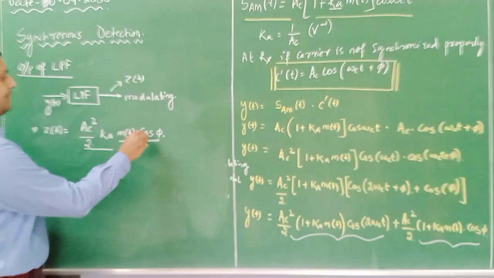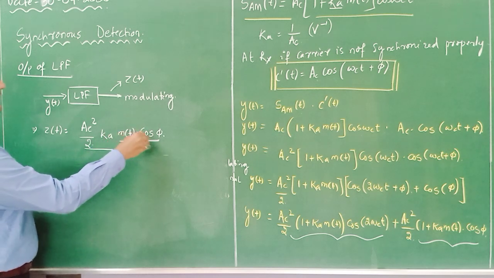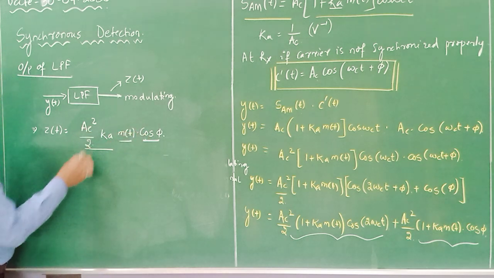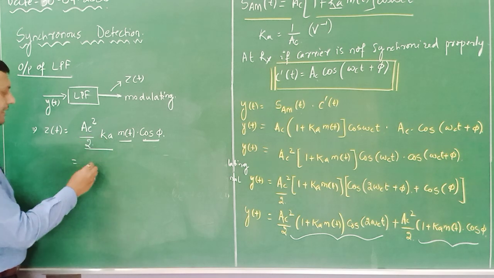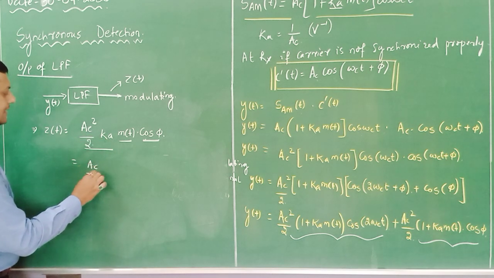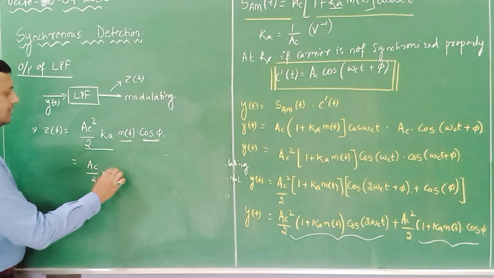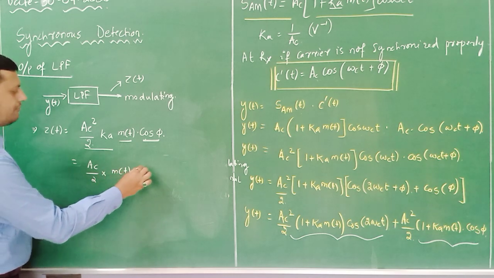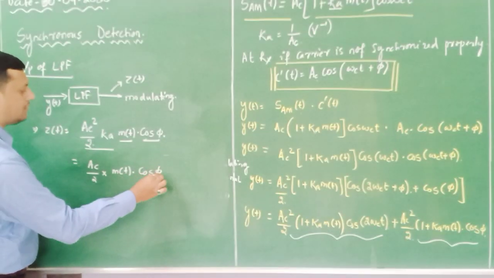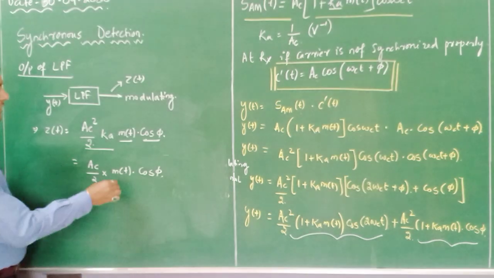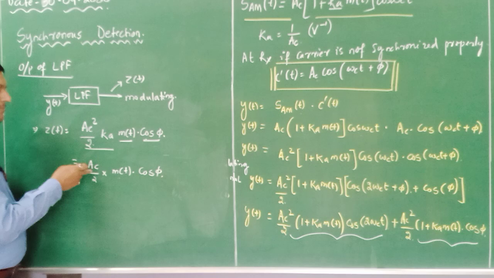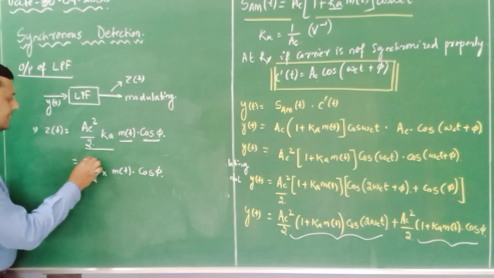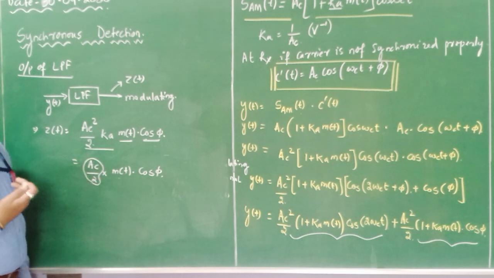So this is the difference. Okay. Now this is the difference. Now here you can see, if I resolve this, Ka is 1 by A. So here I can see AC by 2 into M of t into cos phi. Now in place of this M of t, multiplied with an amplitude, let us consider this is a constant.